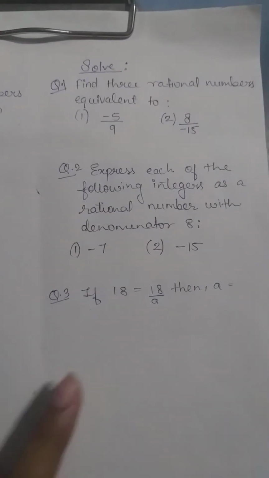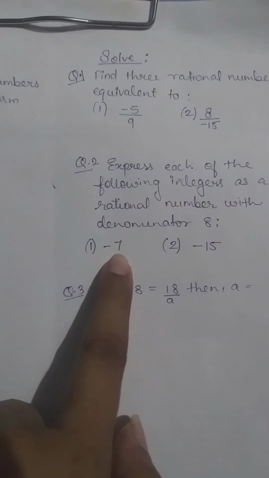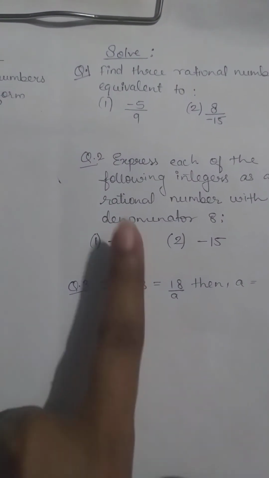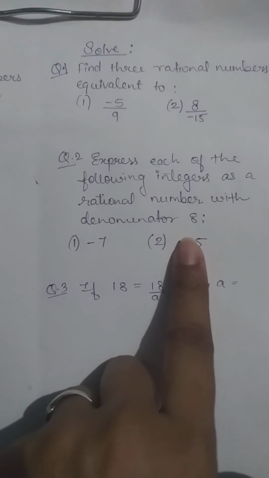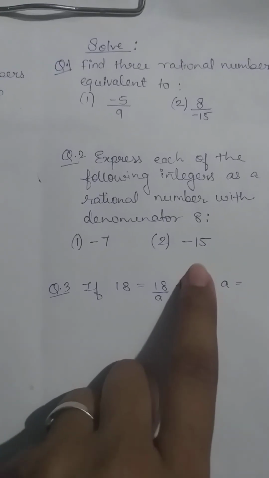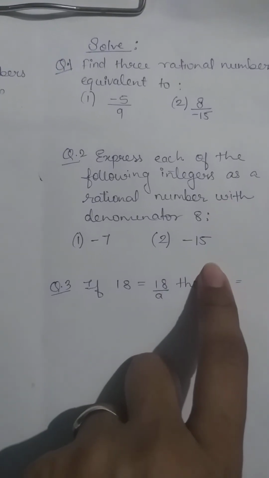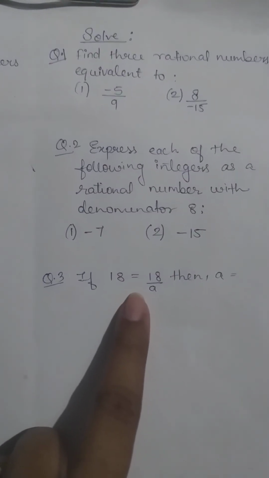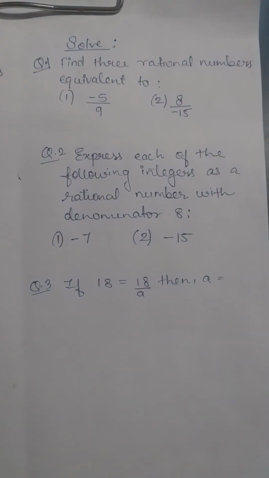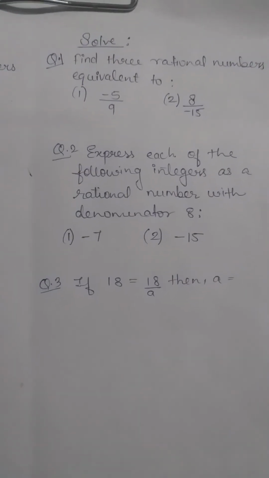So here the numerator is given and you have to put the denominator as 1 and then multiply both by 8. Here also minus 15 is given. So minus 15 by 1, then both the numbers multiply by 8. And the very common question that you can simply solve seeing the solved questions which I have given just now.